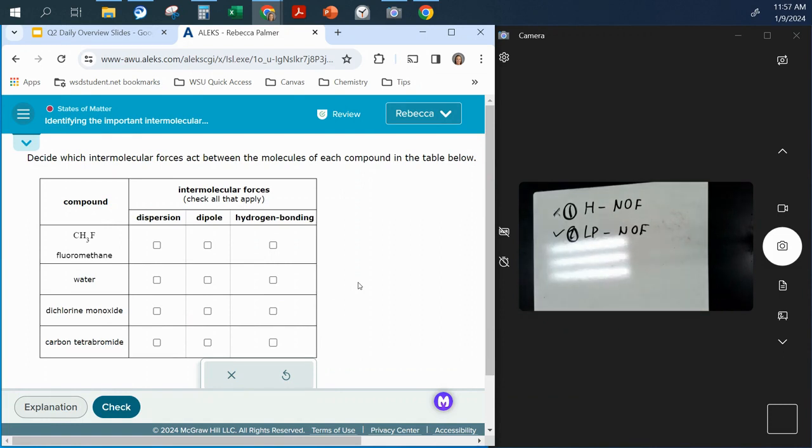So this one, oh, we had something similar. This is another methane type molecule. What defines methane type? Methane looks like this. If it looks like this and something's substituted, then it's kind of like methane. So this one's called fluoromethane because we got one fluorine.